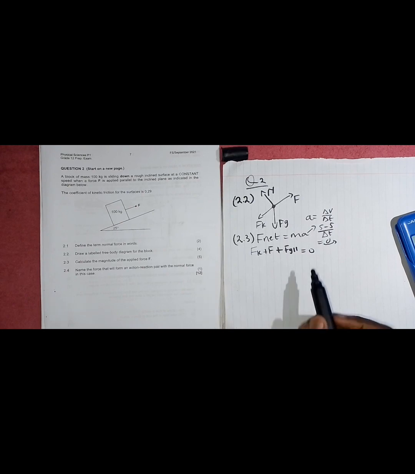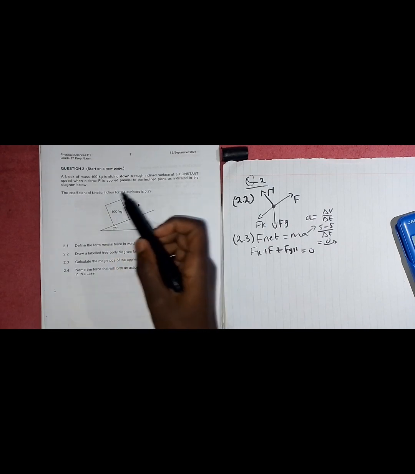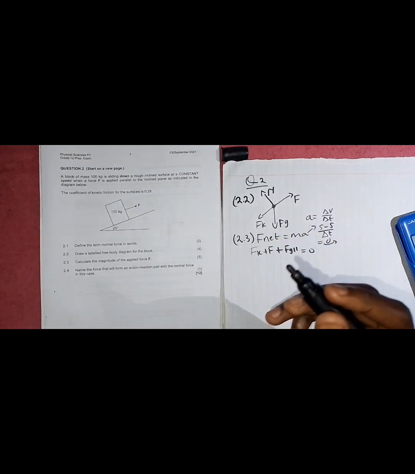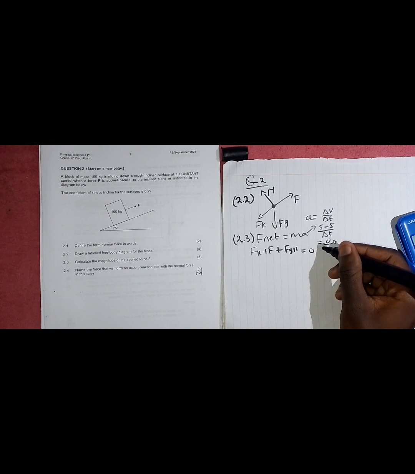So when we get to this point, we need to choose a direction. So where is this block going? This block is sliding down. You must remember that it is sliding down. So we can either choose down as positive or up as positive. So let's just choose down as positive.